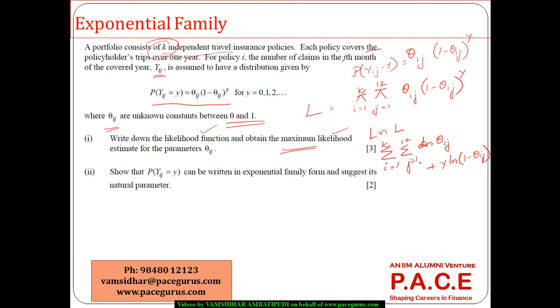This is the log likelihood. Now if I add up log theta, how many such terms are there? 12k terms, because for each one there is one theta. And the i's again are from 1 to k. So this is the summation part of it.